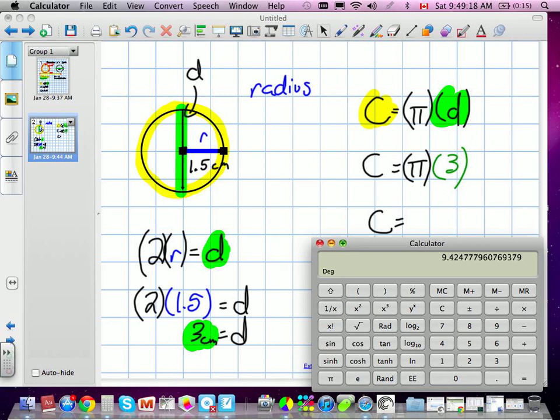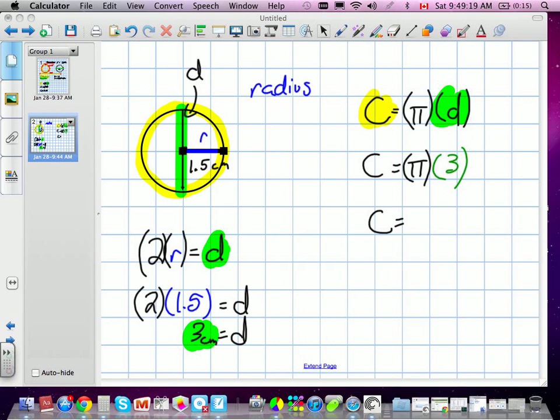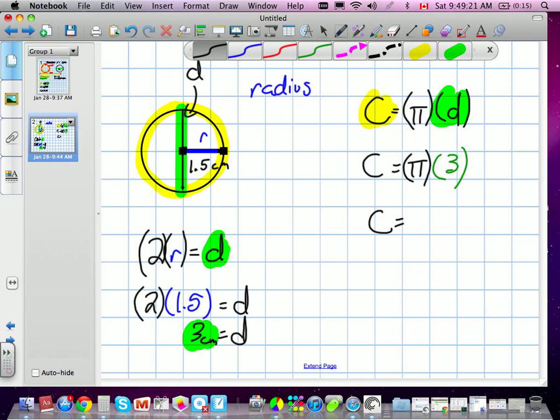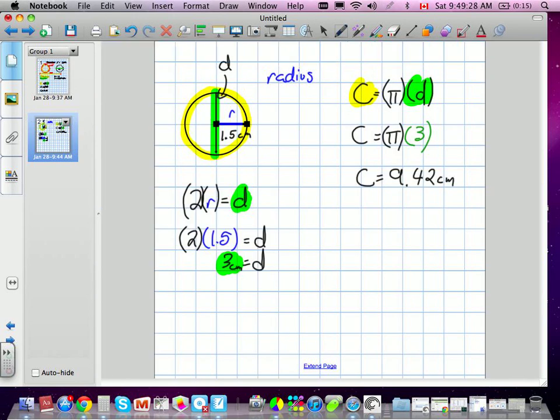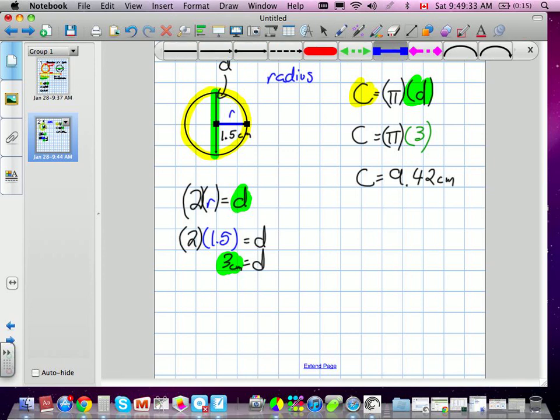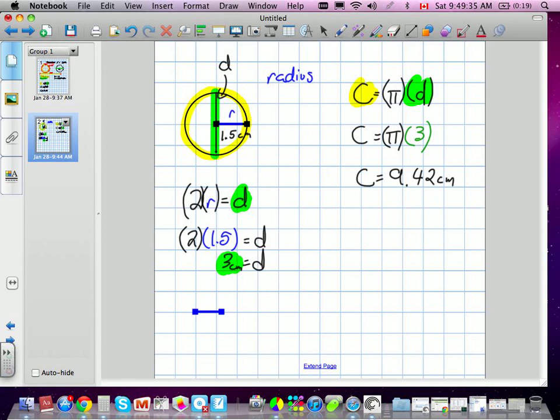So like before, we bring up pi. Pi times, in this case, just the number 3. What do you get? 9.42. Good. So the circumference of this is 9.42 centimeters. Let's say these are all centimeters here.